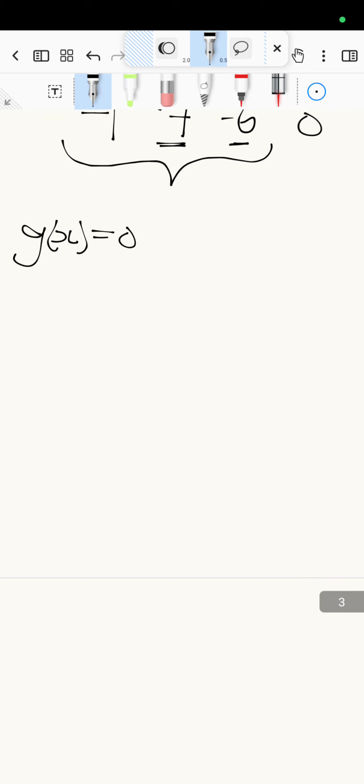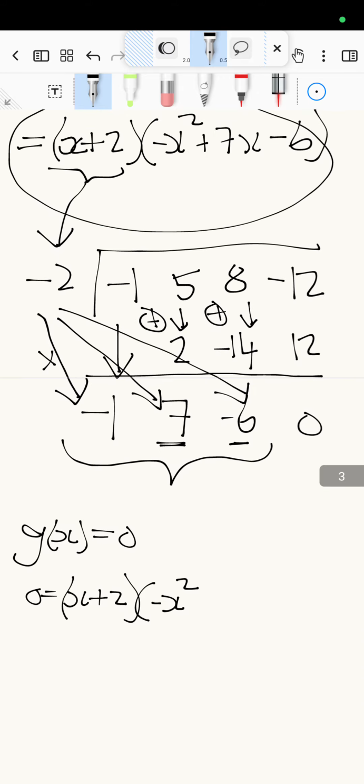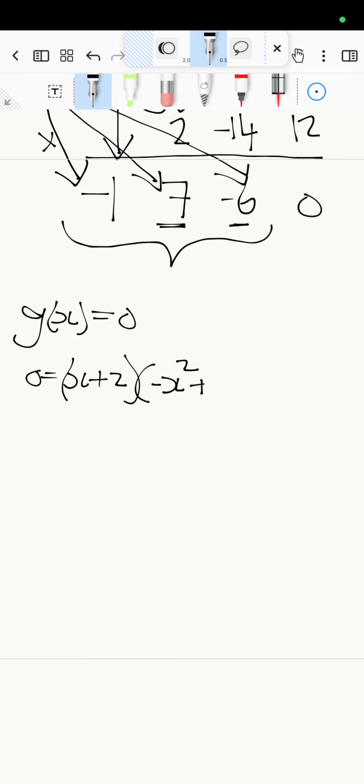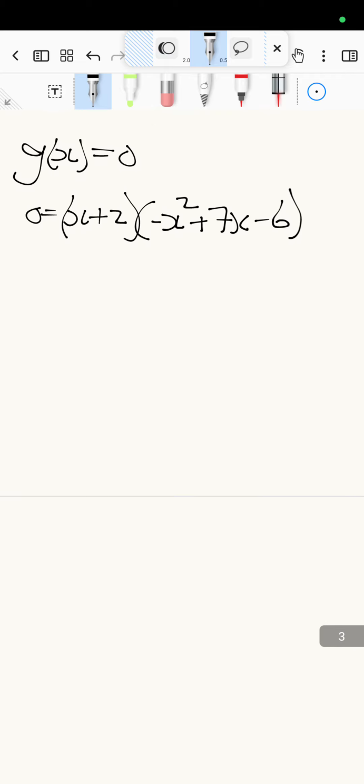So we're going to say 0 is equal to, our first bracket we know was x plus 2. Our second bracket, we used synthetic division in order to come up with the second bracket, minus x squared plus 7x minus 6. All right, so now we need to solve for x here, okay?